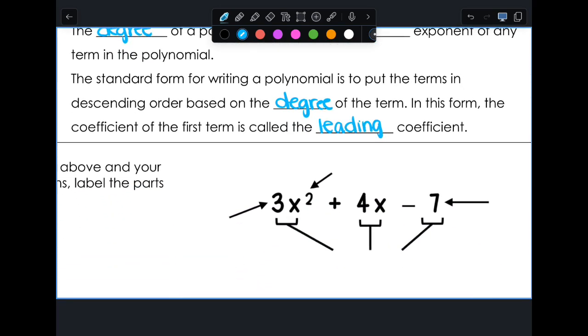So based on those definitions, we're going to label the parts of this polynomial. The very first arrow is pointing to the 3. This 3 is the very first coefficient in the whole expression, so that makes it your leading coefficient.